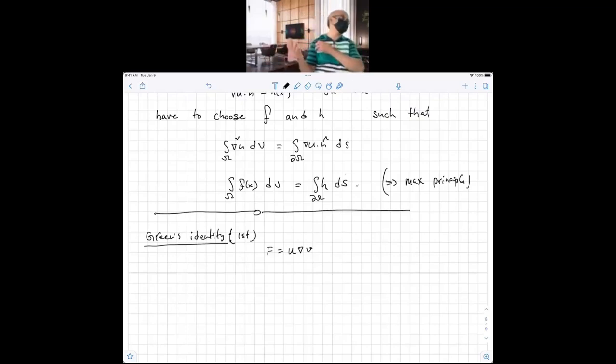This is something Green thought of at that time. If he had not done it until today, maybe I would have done it, and it would have been the Joule theorem instead of Green's theorem, or one of you could have done that, right? Very simple idea. And then we apply the divergence theorem.